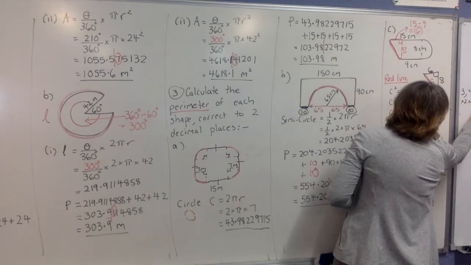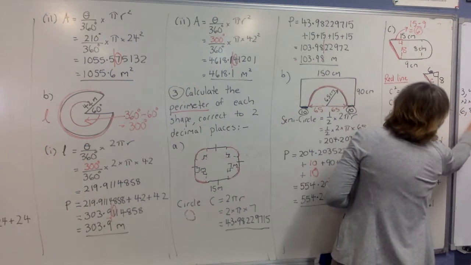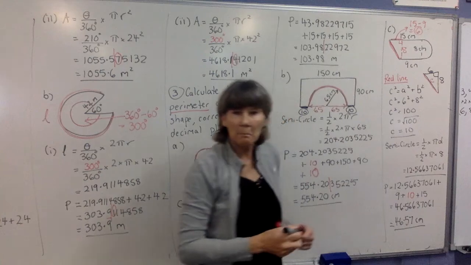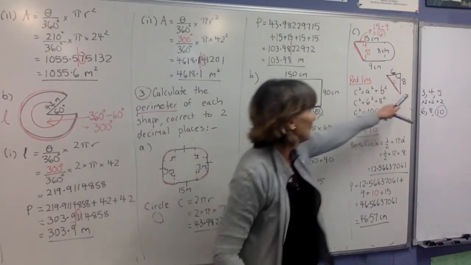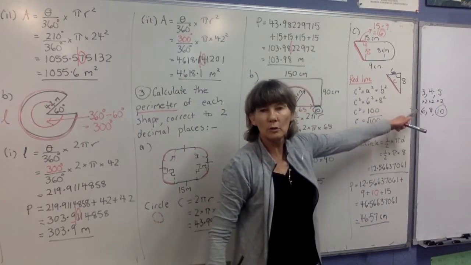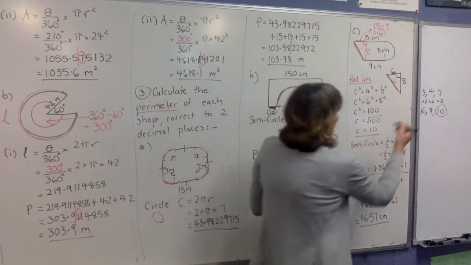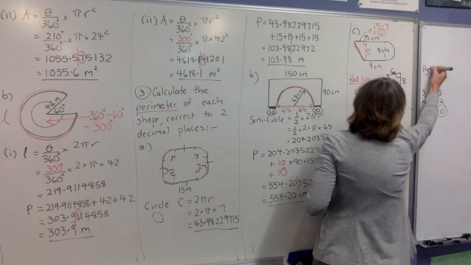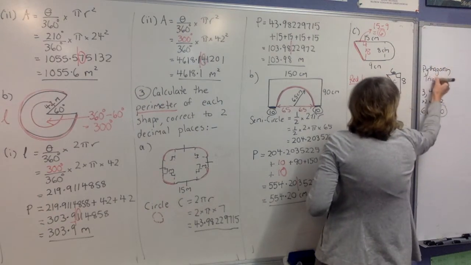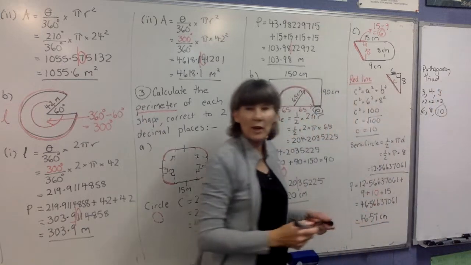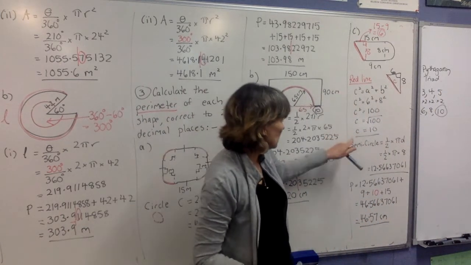Everything times by 2: 6, 8, 10. There's our missing number. So 3, 4, 5 triad times by 2s, you get 6, 8, 10 for your Pythagorean triad. If you wanted to do it that way, it'll be a lot quicker. But if you don't spot it, that's okay. Just go through this working.